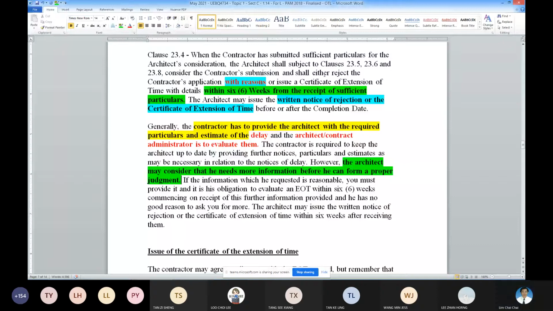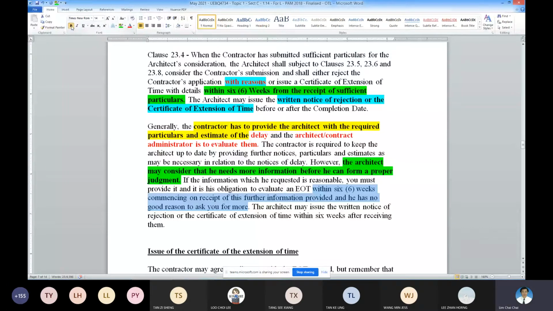Similarly here, the architect at any time can ask for new information under the evaluation process. If new information is provided, then the architect needs to evaluate the extension of time based on the revised submission by the contractor.